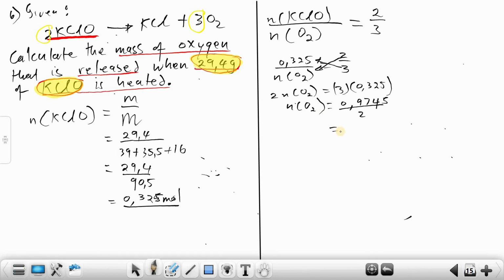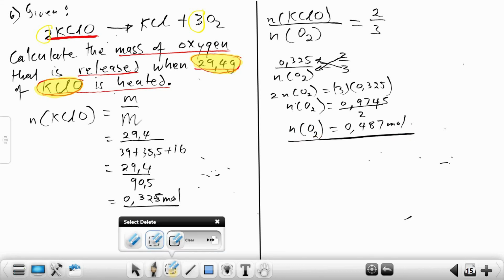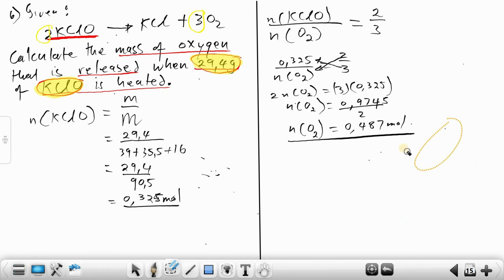Divide by 2, then I get my answer as 0.487 mole. But these are the number of moles of oxygen. But I have not answered the question as yet, because the question says I must get what?